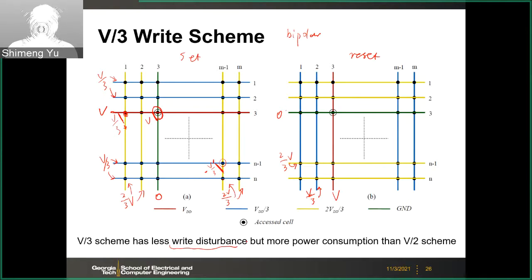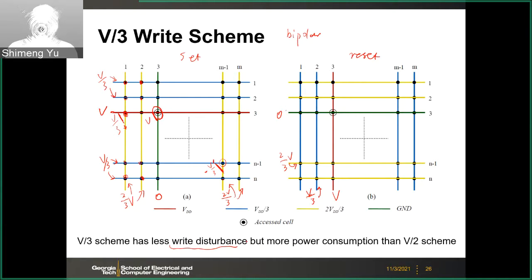Because in this case, you can calculate the power consumption of the whole array. Actually, all the cells will have V/3 across them. I mean, all the cells that are not selected, all of them will be leaking. So all of them will consume current. So the total power of the array might be larger.